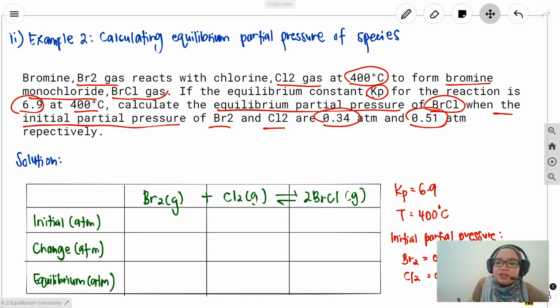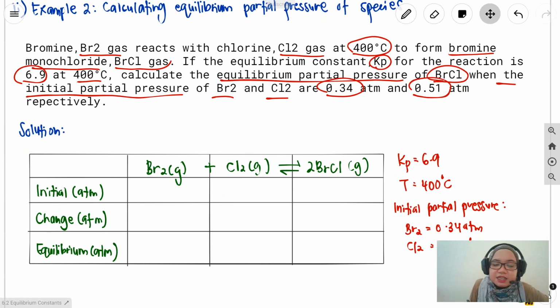Okay, so first thing you need to do is do the chemical equation. So the chemical equation, you will get bromine gas plus Cl2 gas to form 2BrCl gas. So this is in the balanced form. Okay, and then you put initial, change and equilibrium in terms of atm unit.